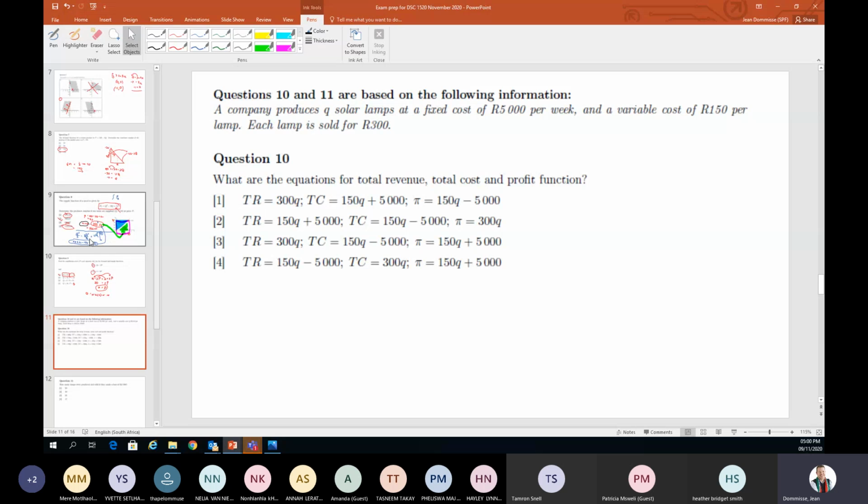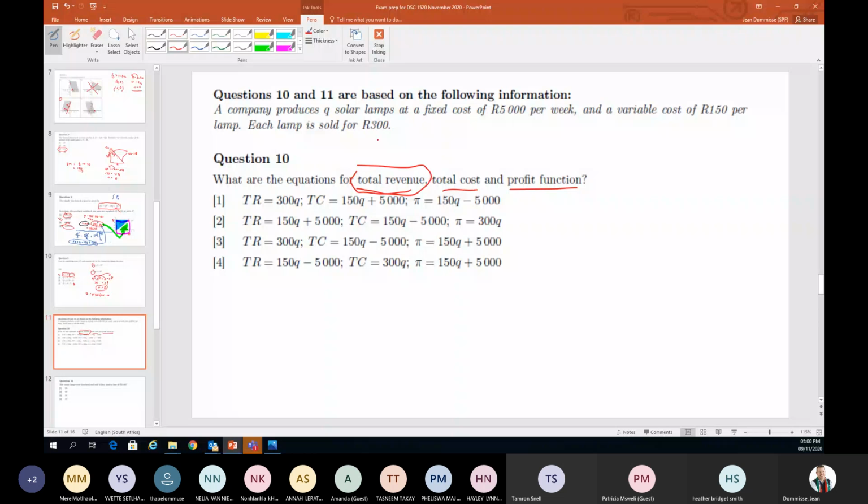So here now we are looking at total revenue, total cost, and profit functions. So firstly, how I would look at it is to say, okay, let's first get total revenue.